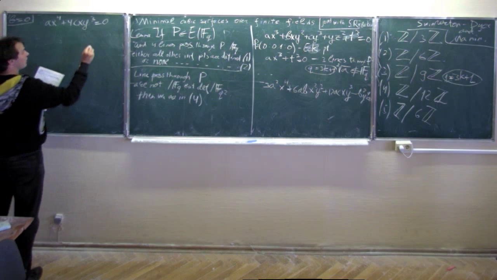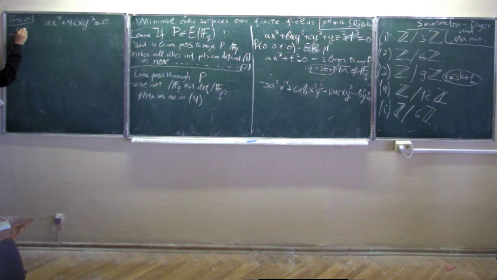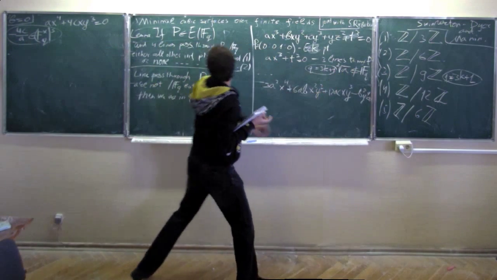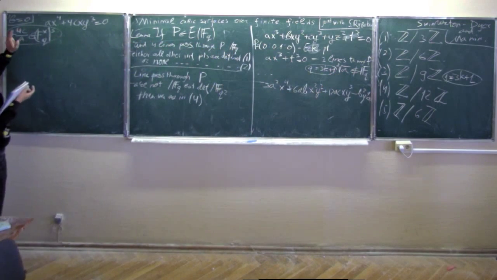Thus, the number minus 4c divided by a should be a cube in our field. Yes, we can find such c. We fix a at this place, and now we look at c. We can find such c that this number will be a cube.